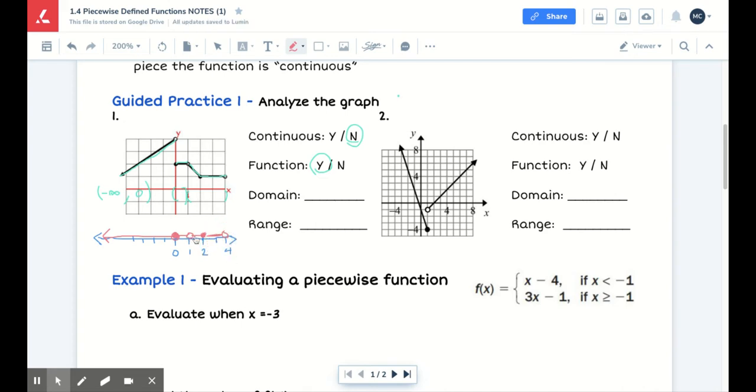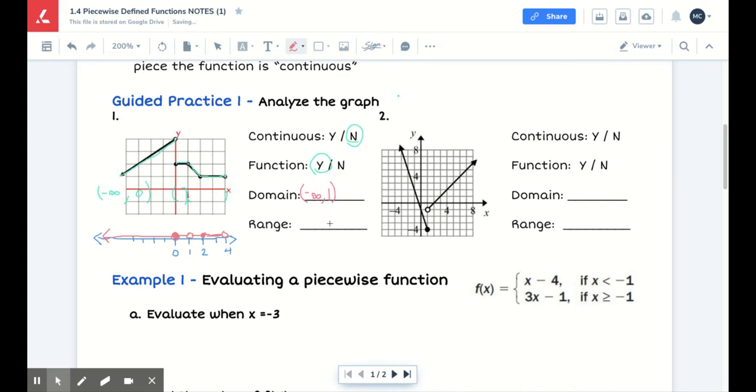So when I'm giving the domain for this one, I would need to describe everything that I see here. So the furthest left that I see it going is -infinity. So I would start with that, -infinity. And then that includes all of the x values up through this solid dot and all the way to this open dot. But at the open dot, there's a break.